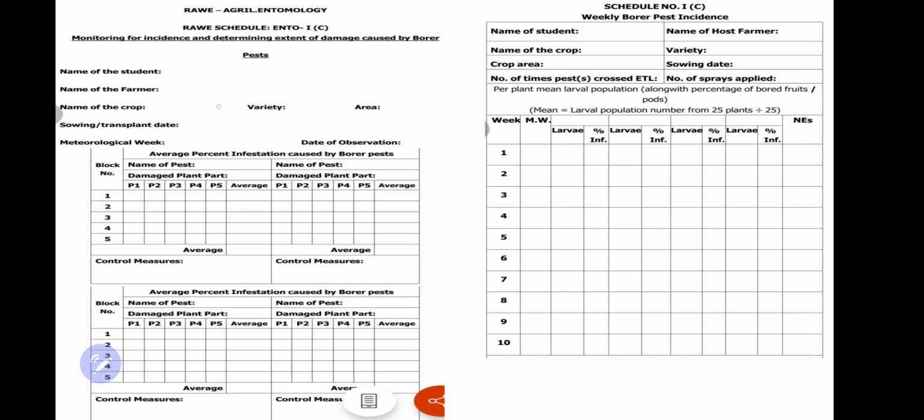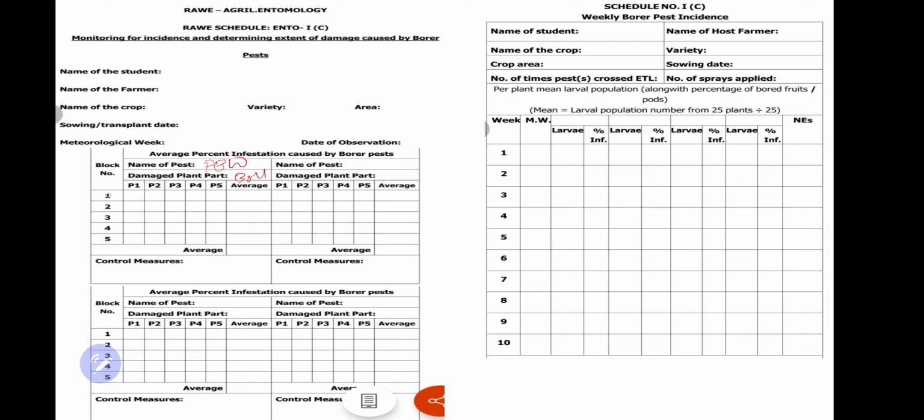So this is first C. Similarly, you have to mention all the details here with the name of the crop. Here we have to collect data of borers. Like if you are collecting the data for cotton, and if there is an attack of pink bollworm, mention the pink bollworm, and whether damaged plant parts are bolls, squares or buds.